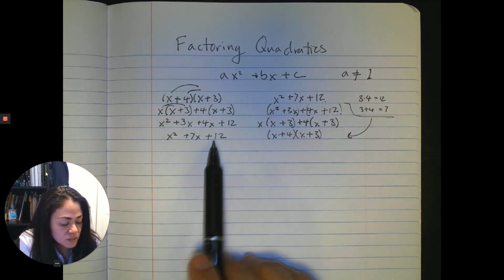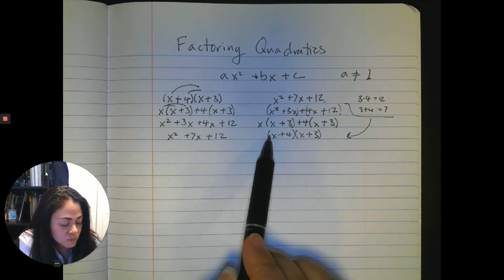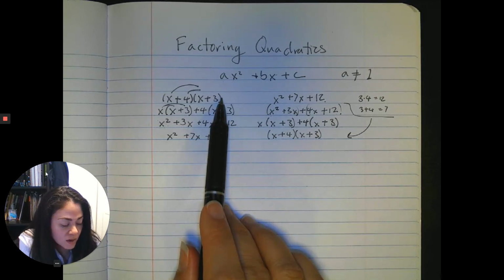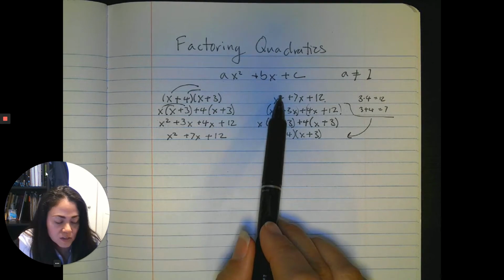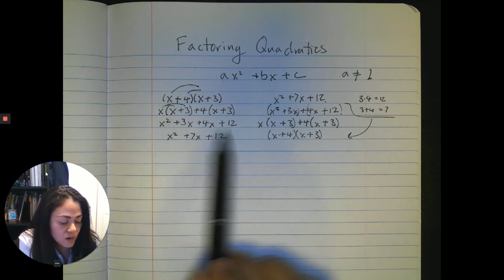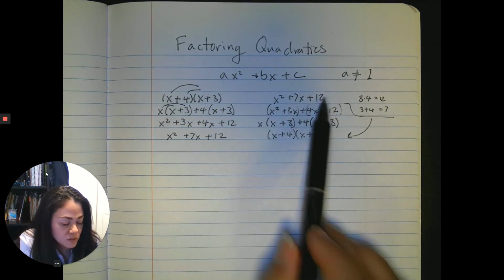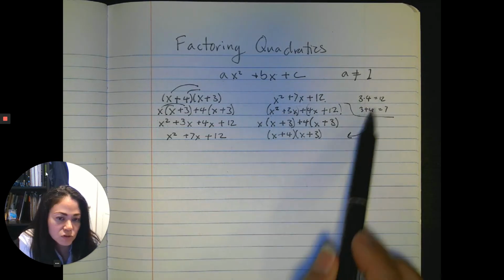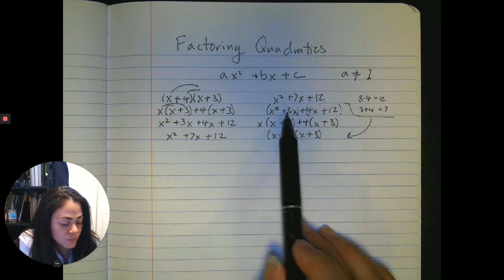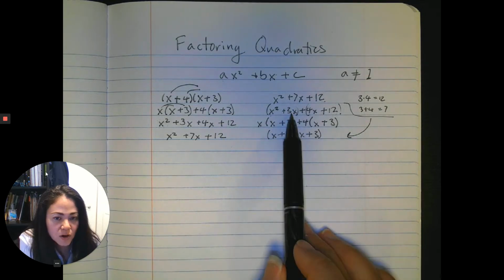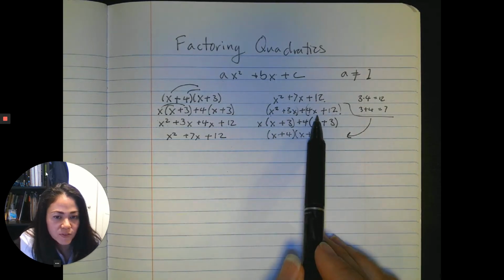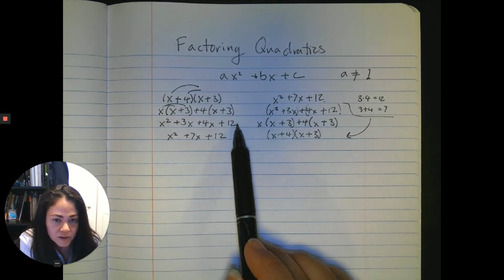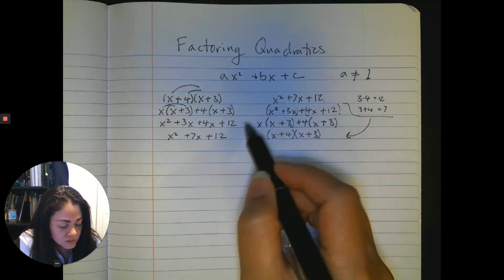So you can see here the result was my two binomials that I started with here. And here the result was the quadratic that I started with here. So once I have this quadratic, I then broke it up into those two. I still had to find those two numbers, but I broke up that 7x into its two parts, 3x and 4x added together. And that allowed me to, now this looks like this step here, right? So it's kind of still going backwards.